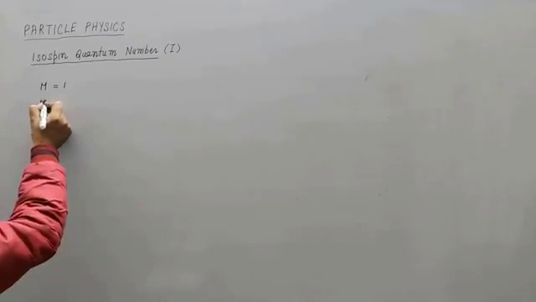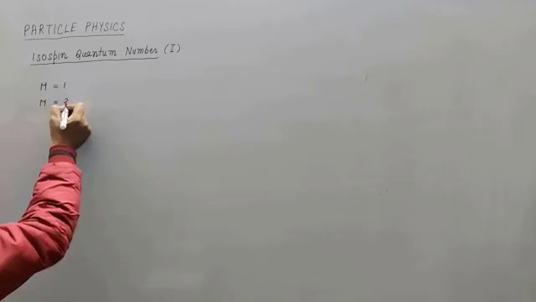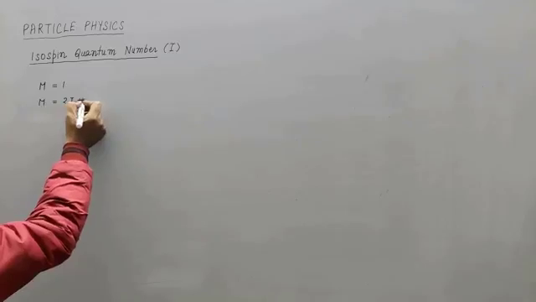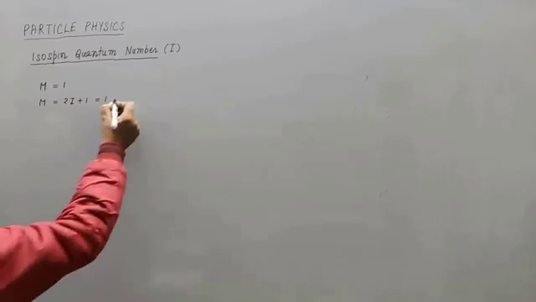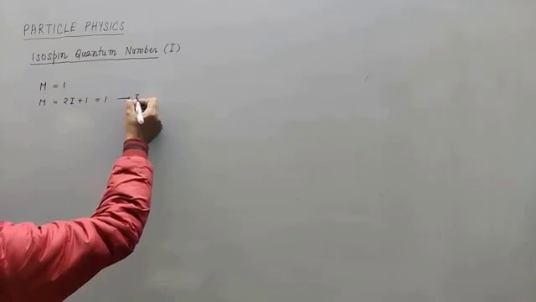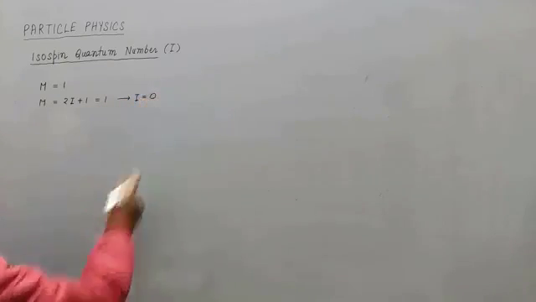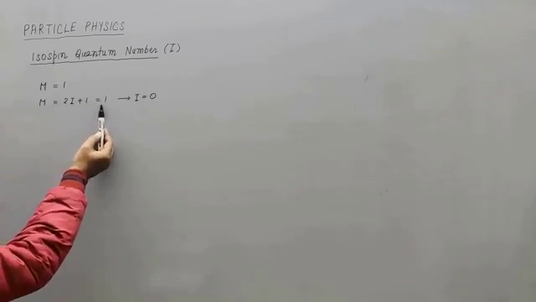When M is equal to 1, 2I plus 1 is equal to 1. So this provides us I equal to 0. It means there is only a single charge state.